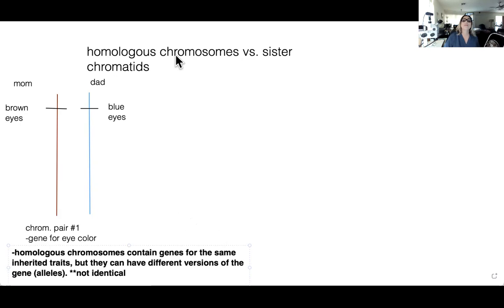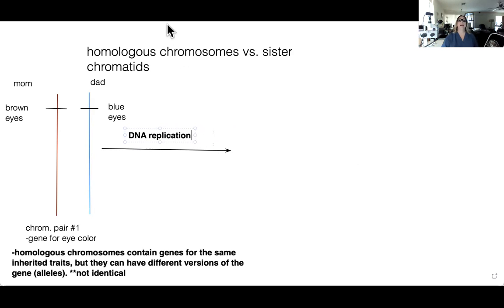Now, here we have DNA replication. So think back to our DNA replication class. And remember that in DNA replication, you have the original double helix. It's separated into 2 strands of DNA. And then each strand makes an identical copy of itself. So here we have DNA replication.